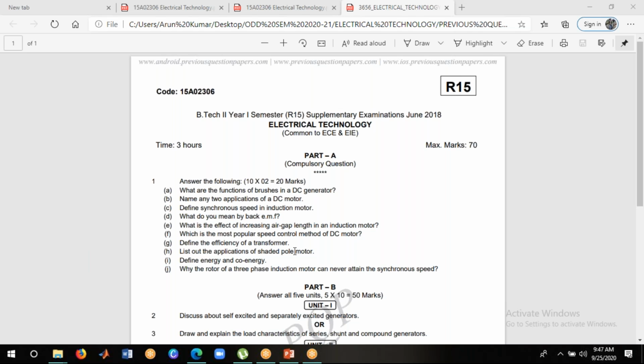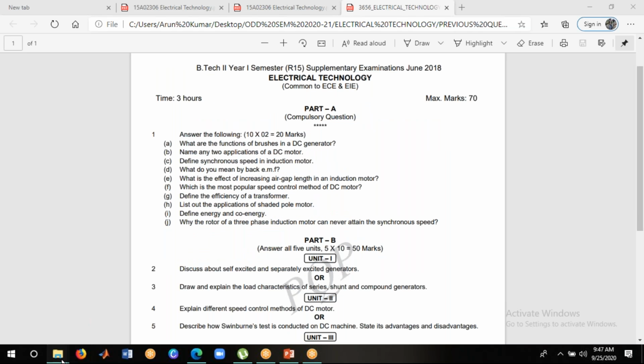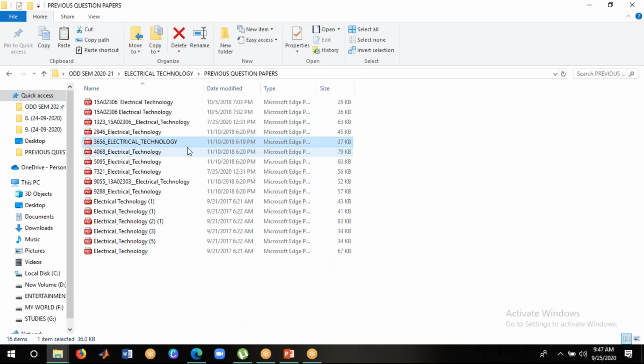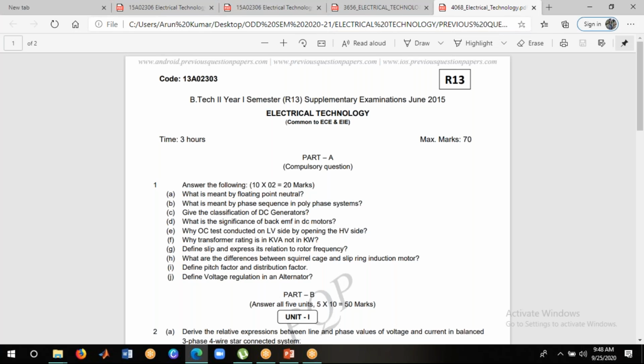This paper is also already over. See here, it gives the classification of DC generator.